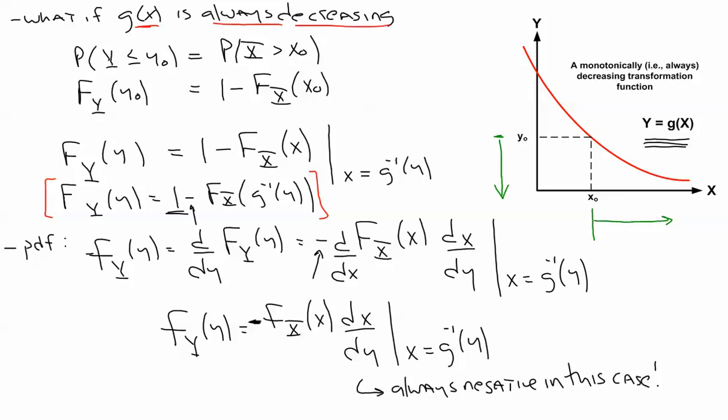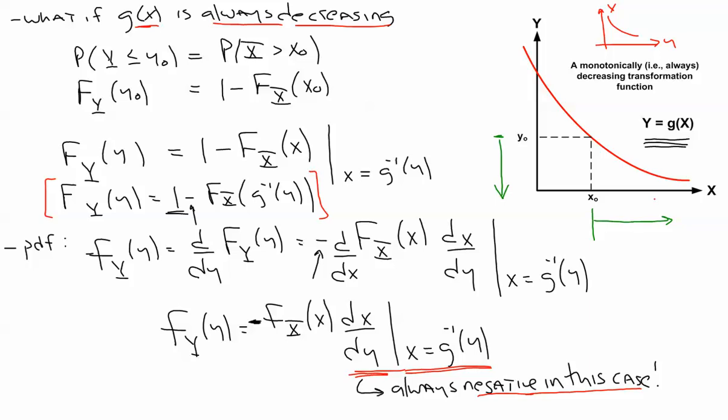If I reversed the axes for x and y, I would have a function that is decreasing. The derivative of x with respect to y, where x equals g inverse of y, is always a negative derivative.